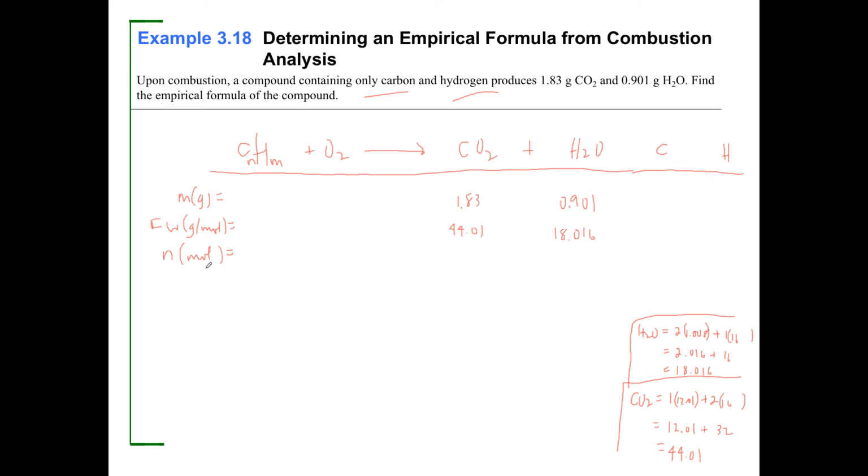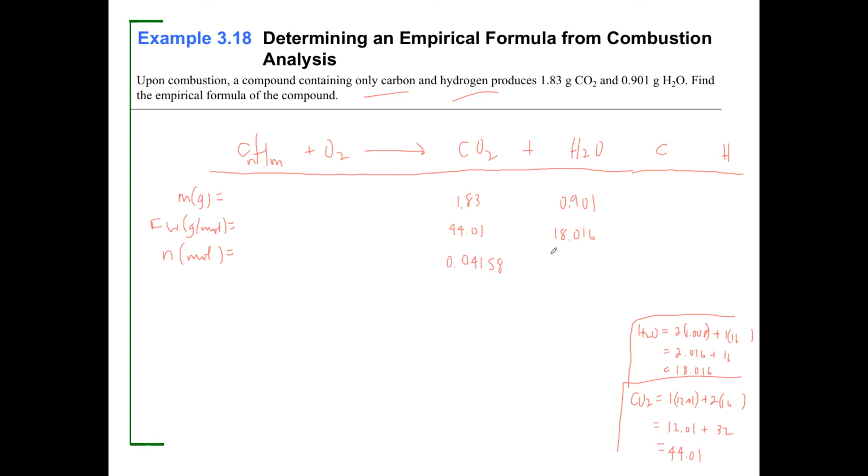Okay? Now to find the moles of those, of course, we've done this a few times now. We're going to keep doing it. It's 1.83 divided by 44.01, which gives me 0.04158. I'm going to do 4 sig figs here.